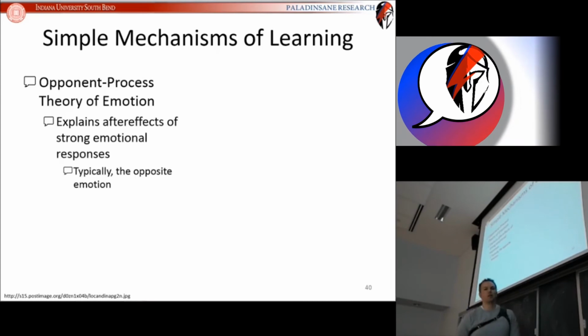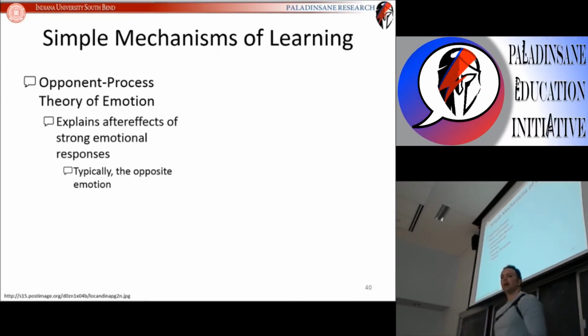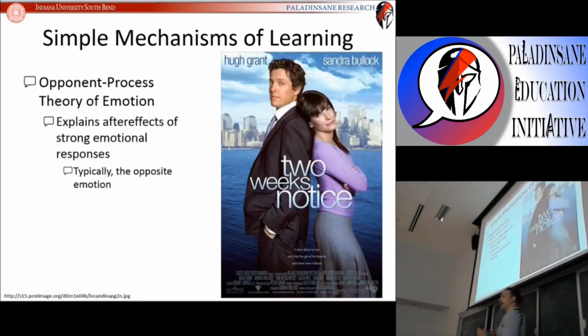And that's actually what we're going to use to try to explain why the typical structure of the rom-com is not crazy. It's not made up. It actually has a basis in psychological theory. It can actually be explained by this opponent process theory of emotion.